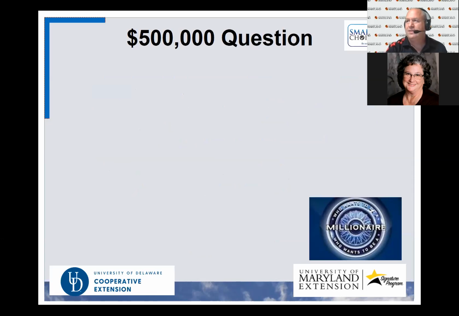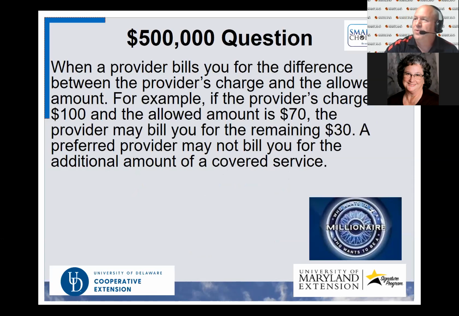The $500,000 question. When a provider bills you for the difference between the provider's charge and the allowed amount, for example, if the provider's charge is $100 and the allowed amount is $70, the provider may bill you for the remaining $30. A preferred provider may not bill you for the additional amount of a covered service.